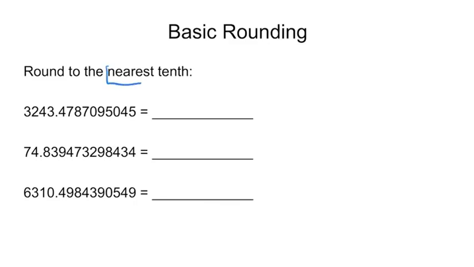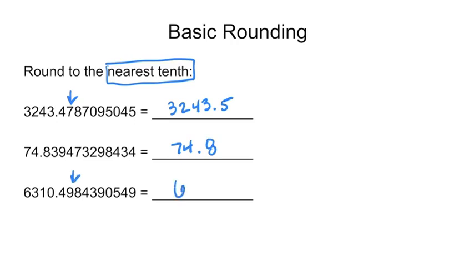Okay, again, rounding to the nearest tenth value, I'm going to look at the hundredth, 3243.5, 74.8. I'm going to look at this 9, so 6310.5.